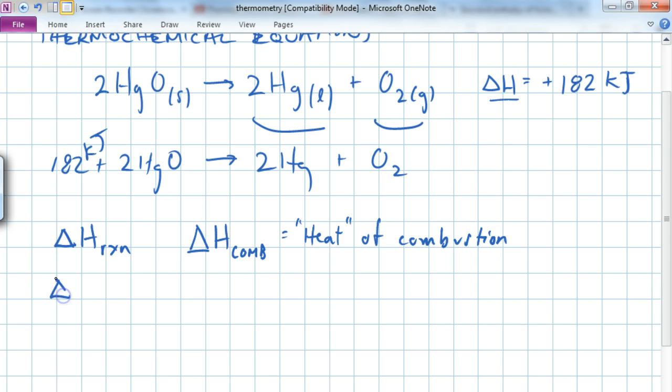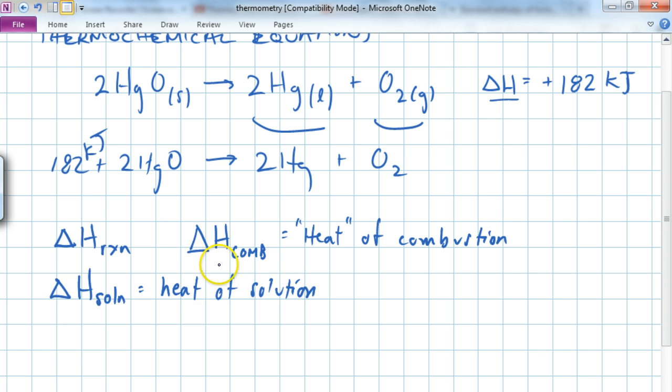You might see this symbol, delta H SOLN, and that would be the heat of solution. And that would simply be the delta H that is absorbed or released during the process of solution of a compound, so when a compound dissolves.